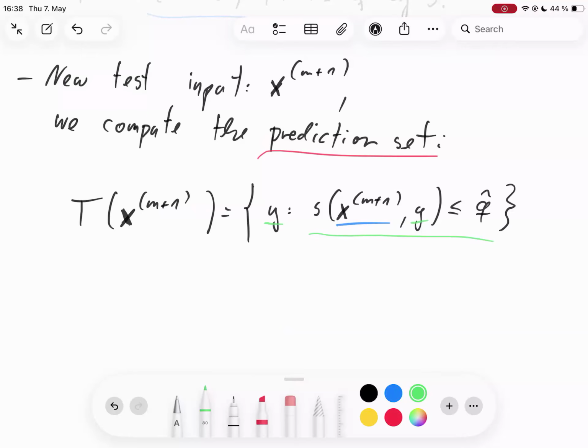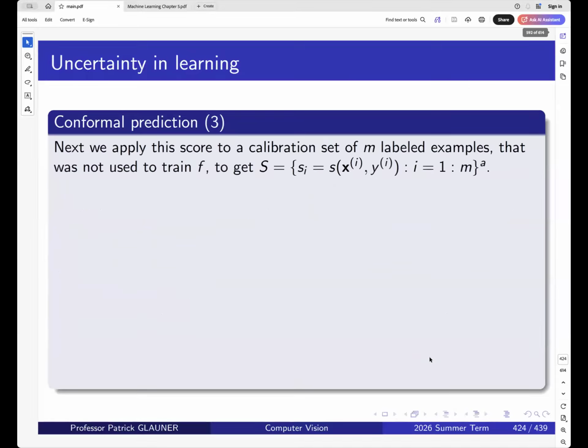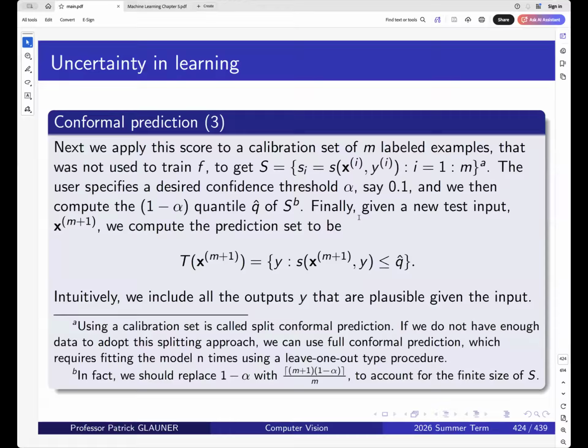I will show you this now in the slides, where it's all well formatted for you. This is what we just went through.